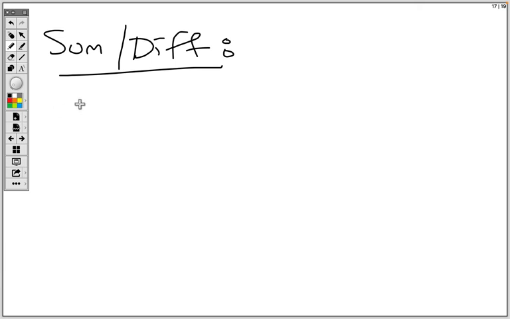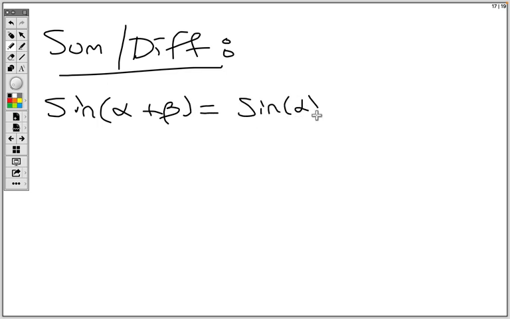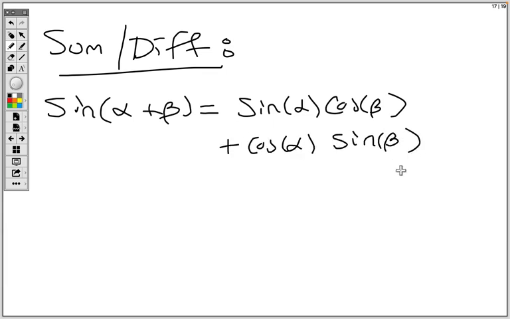So if you've got sine of alpha plus beta, that's your sine of alpha cosine of beta plus cosine of alpha sine of beta.